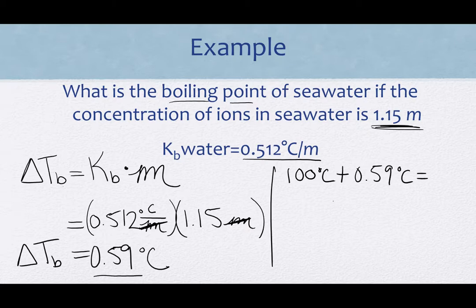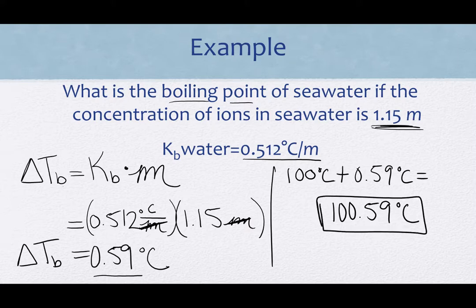So the new boiling point is 100.59 degrees Celsius. So if you were to type in 0.59, it would mark it as incorrect because it's not asking for the change. The correct answer is 100.59 degrees Celsius. So it elevated that boiling point just slightly. Okay.